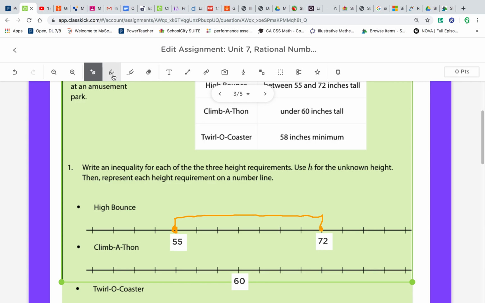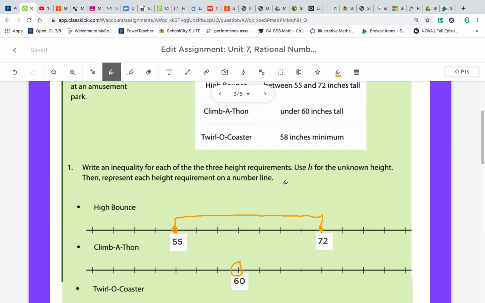I'm going to circle 60, but I'm not going to color it in because 60 would be too tall. You can't be 60. You have to be under 60 or less than 60. So I'm going to put a mark at 60 with this empty circle, and draw an arrow going this way, showing that anything under 60 is okay for the Climathon. All right, so that's a lot of possibilities.